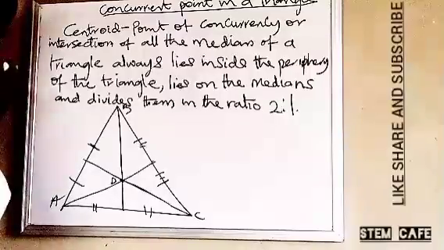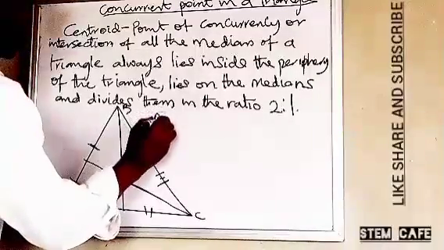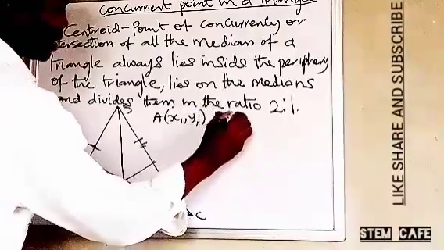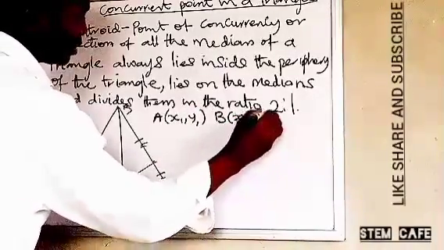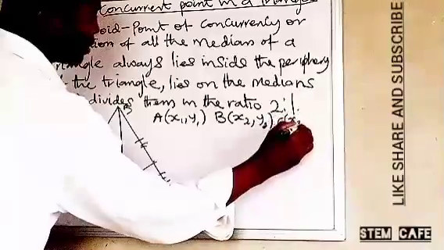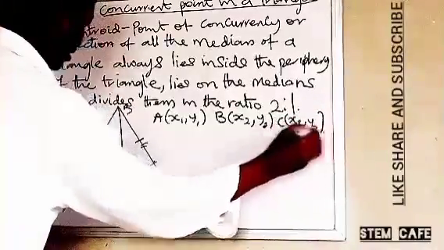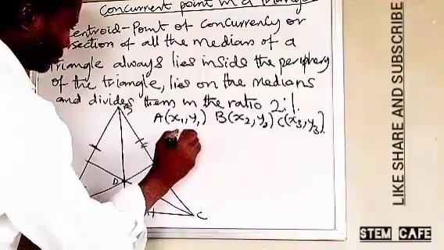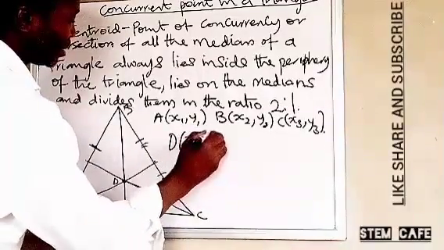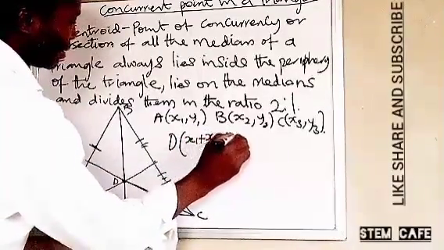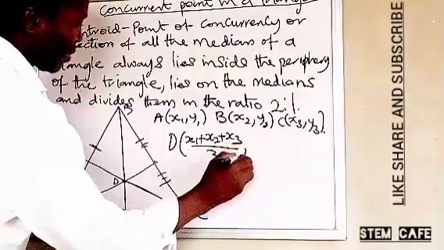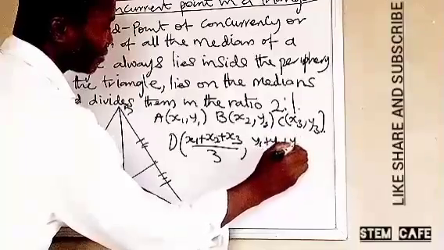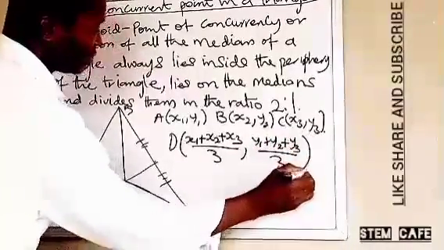So if you know A to be x1, y1, B, x2, y2, C, x3, y3, D can be gotten as x1 plus x2 plus x3 over 3, y1 plus y2 plus y3 over 3.